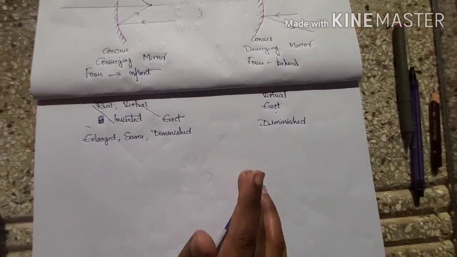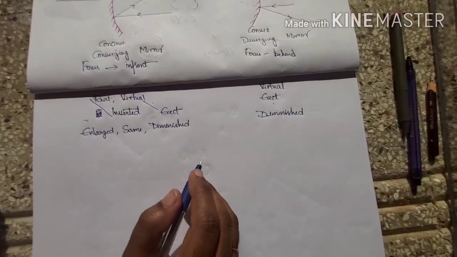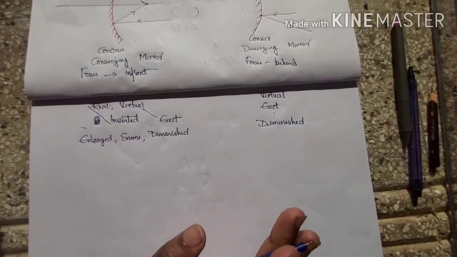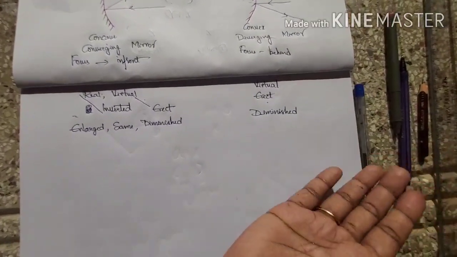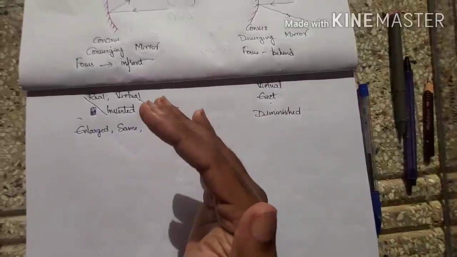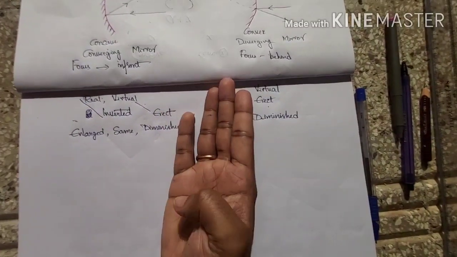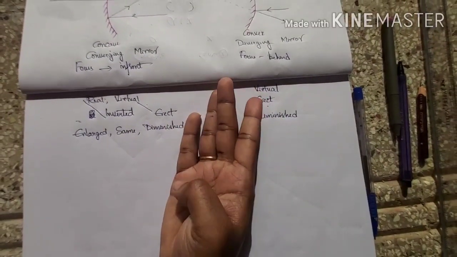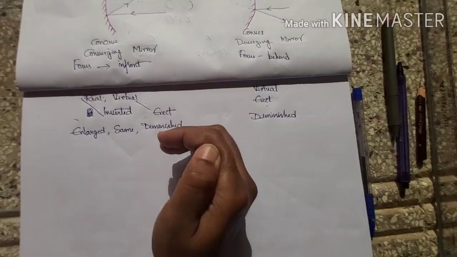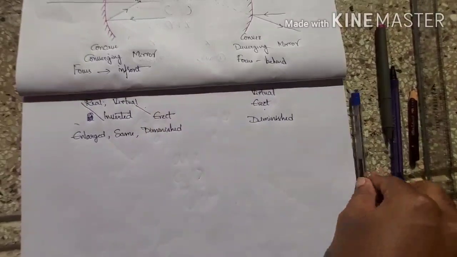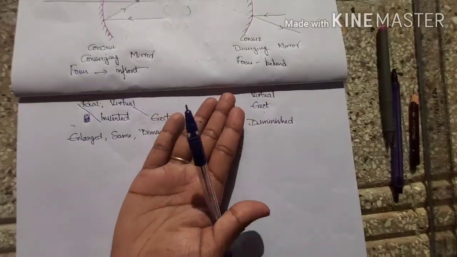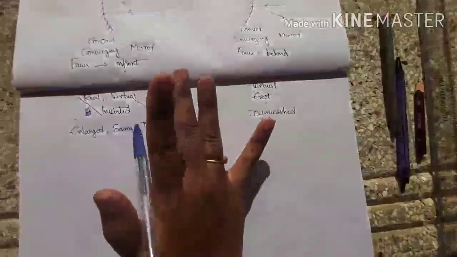Okay. So here, let me teach you a trick on how to remember concave and convex, because sometimes it's hard to remember. A simple logic is your hand. When you take your hand, your palm represents your concave mirror, whereas the back side of your hand will show you a convex mirror. So the front palm is your concave, the back side is your convex.